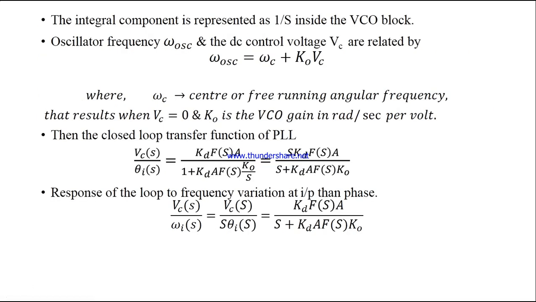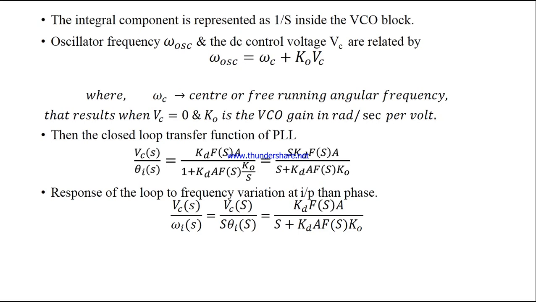The integral component is represented as 1 by s inside the VCO block. Here the oscillator frequency omega OSC and the DC control voltage Vc are related by omega OSC equal to omega C plus K0 into Vc, where omega C is the center free running angular frequency that results when Vc equals 0, and K0 is the VCO gain in radian per second per volt.